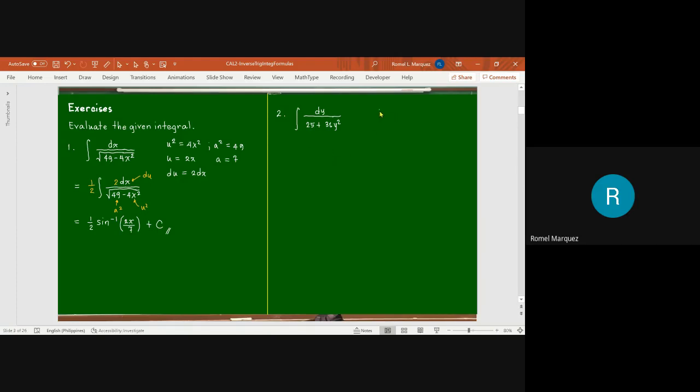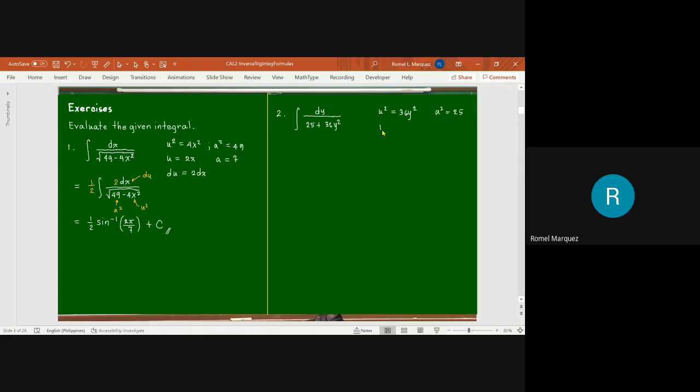So again, here, what is our u squared? By the way, since this is a sum and there is no radical, it means a sum of a perfect square constant plus a function squared, so it is possible by inverse tangent. Our u squared is 36y squared. Our a squared is equal to 25.